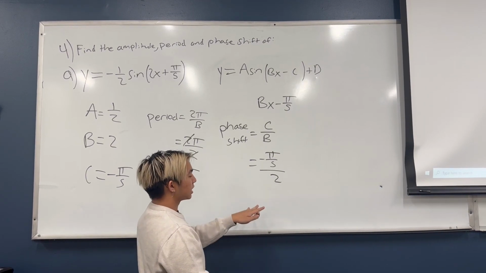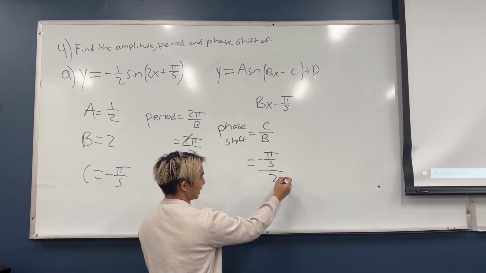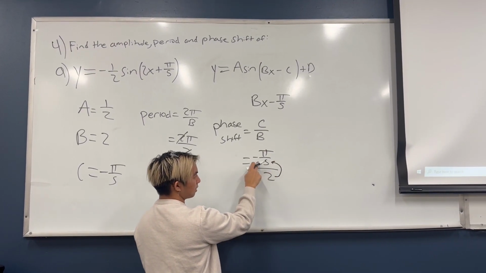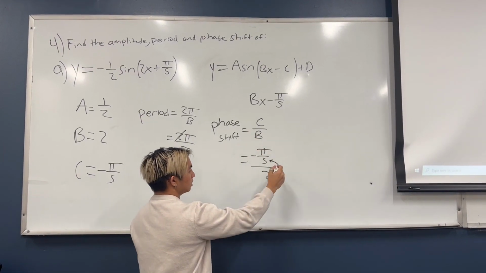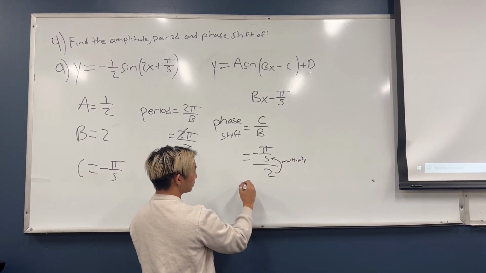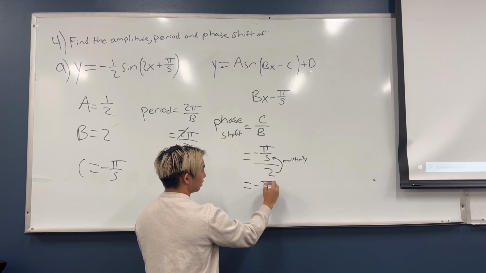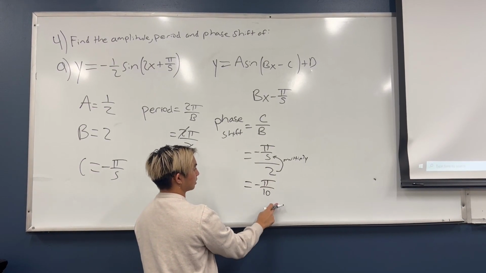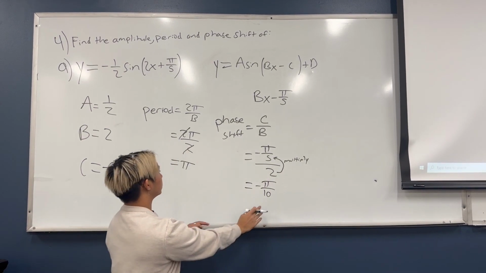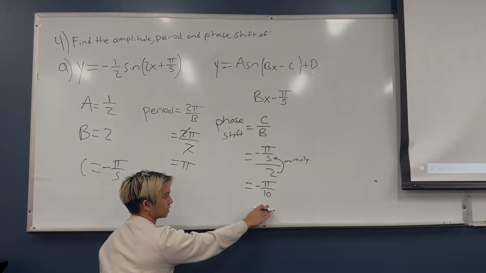In this case, I like to take the denominator and multiply it into the denominator of the top fraction. So this becomes negative pi over 10, because I multiplied the 2 into the 5. So our phase shift here is just negative pi over 10.